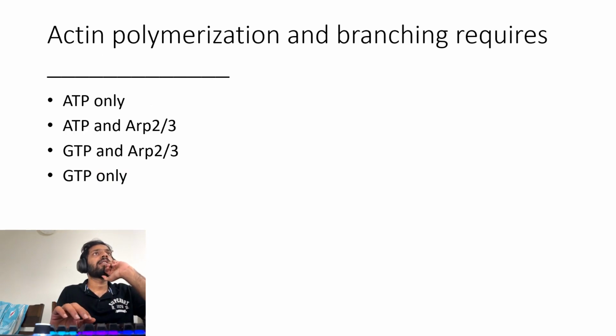Okay. Actin polymerization and branching requires what? ATP only, ATP and ARP two and three, GTP and ARP two and three, or GTP only. Any idea?